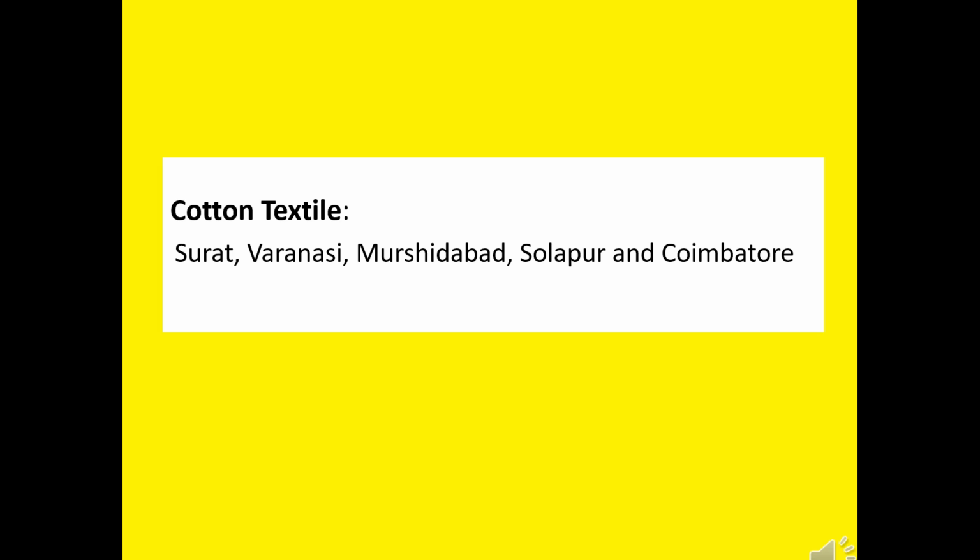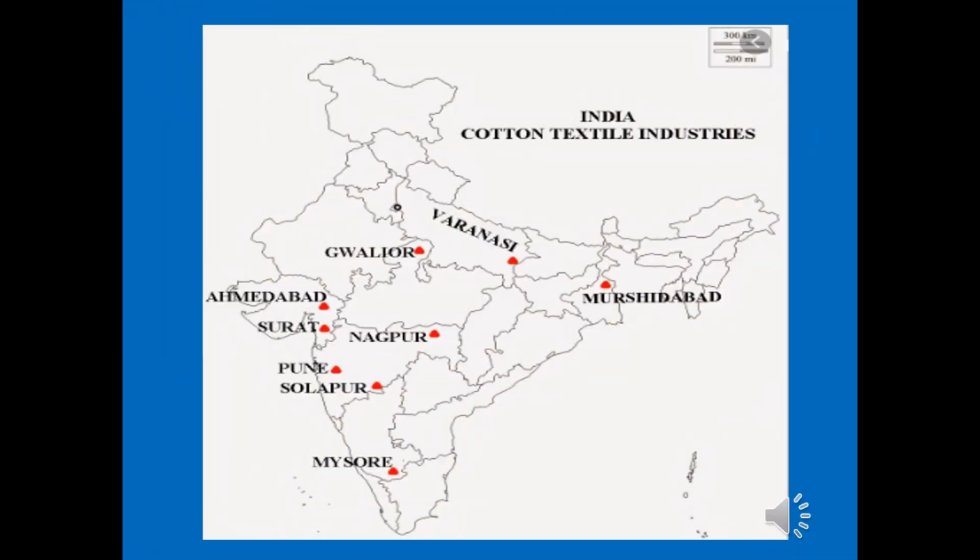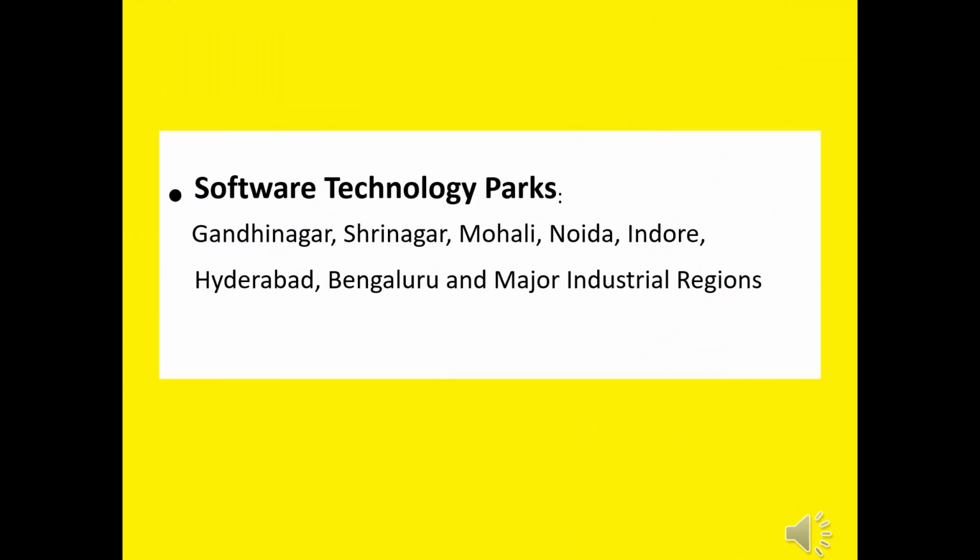Cotton textile industries are found in Surat, Varanasi, Murshidabad, Solapur and Coimbatore. The location of these places are as follows. Now we'll talk about Software Technology Parks in India.